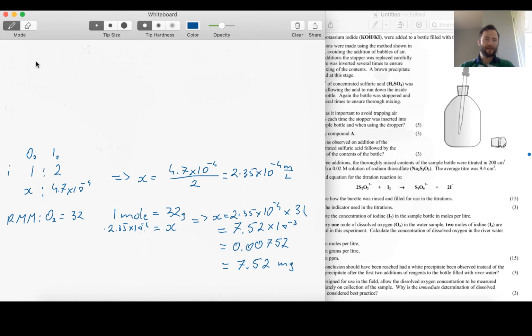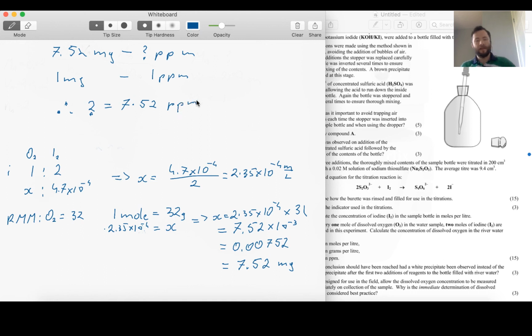So what I know is that I have 7.52 milligrams, and I want to find out the number of parts per million. And I know that 1 milligram is 1 part per million. So therefore, by multiplying and dividing, I know that the answer equals 7.52 ppm.